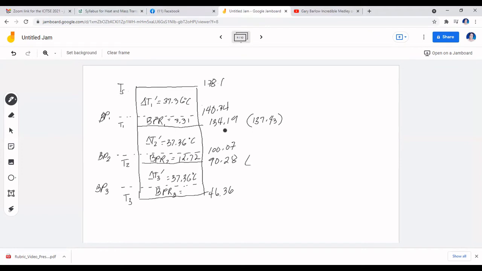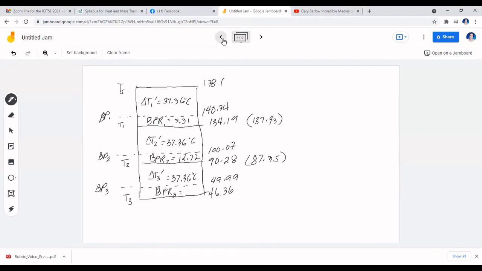Your new saturation temperature that you will use when you read your saturated vapor enthalpy together with liquid is 100 minus 12, so this would be 87.35. Subtracting again another 37.36, you will have 49.99.